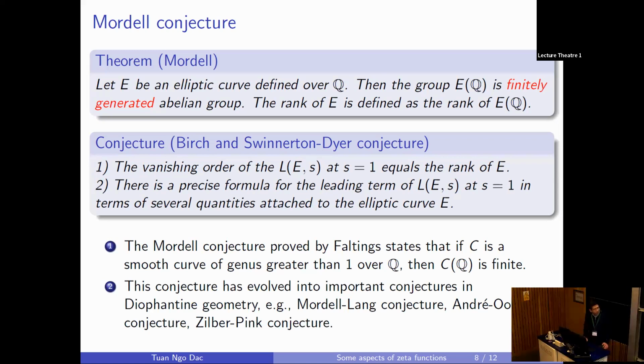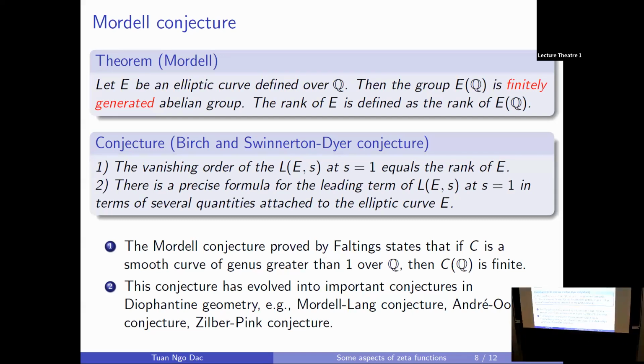And this is not the end of the story, but this conjecture has evolved into important conjectures in Diophantine geometry. In this order, you have the Mordell-Lang conjecture, the Andre-Oort conjecture, and the Zilber-Pink conjecture. So I expect you will hear more about them in the talk of Andre after that. This kind of conjecture is very important, and they are related to model theory that some people here are working on.